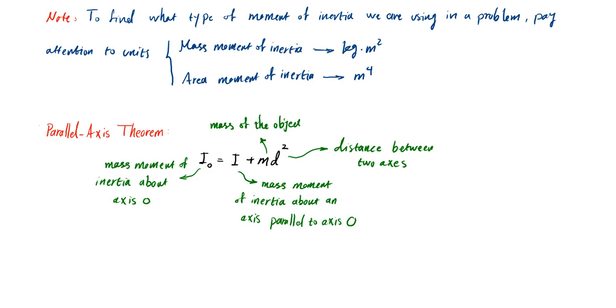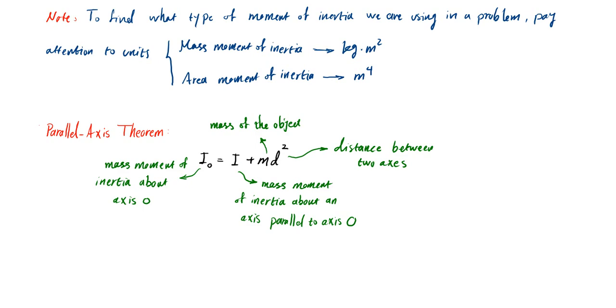Now, the way we can apply this theorem when we are dealing with a composite object, there are three steps we follow. First, we divide that composite object into parts whose moments of inertia we can easily determine. Divide the composite object into simple objects whose mass moment of inertia you can actually calculate.